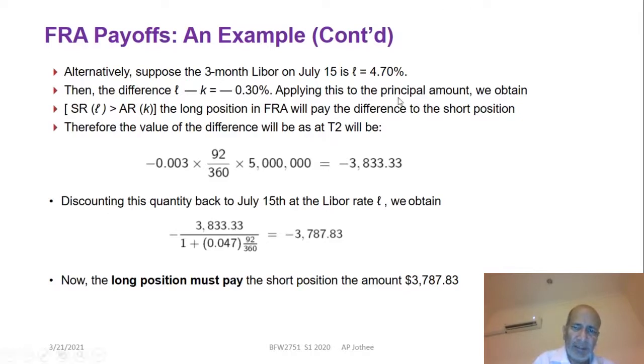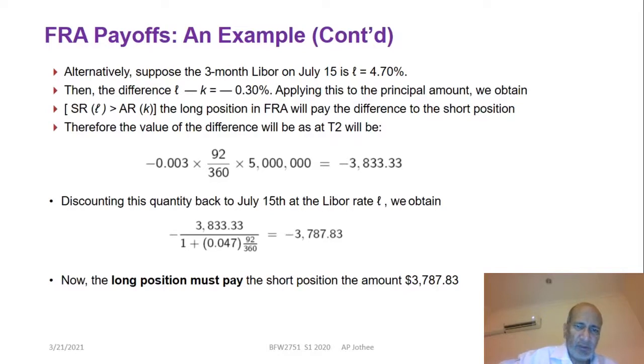Okay. So applying these to the principal, we obtain that SR is higher than AR now. SR is higher than K. No, this is wrong. Actually, SR is lower than K. SR is lower than AR. The long position FRA will pay the difference to the short position.